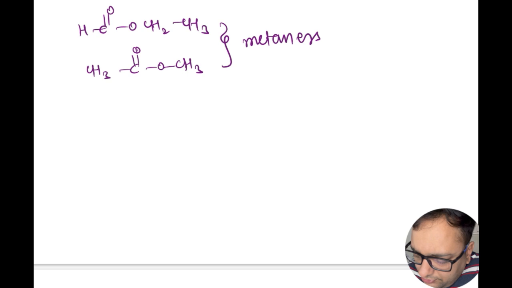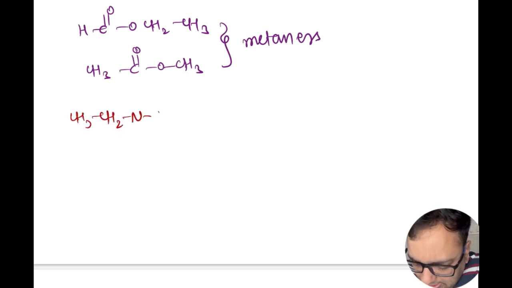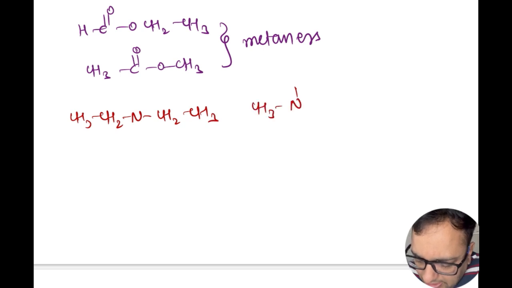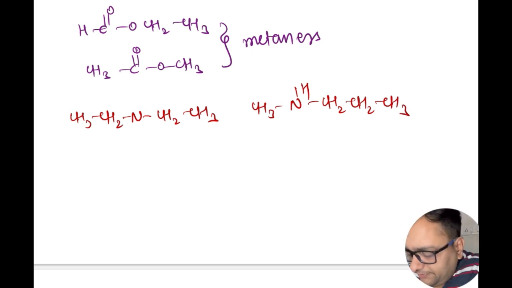Now let's take one more example: CH3CH2 then NH then CH2CH2CH3. Here nitrogen has a different length of carbon chain on either side of its bivalency. That is also a metamer.